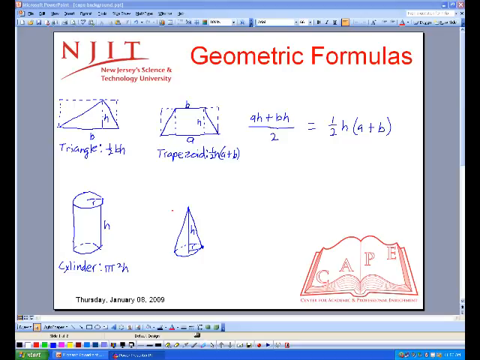So you're taking a cylinder and you're taking out 2/3 of it. So that's why for the cone the volume is 1/3 pi r squared h, because there's only 1/3 left after you take the 2/3 out.